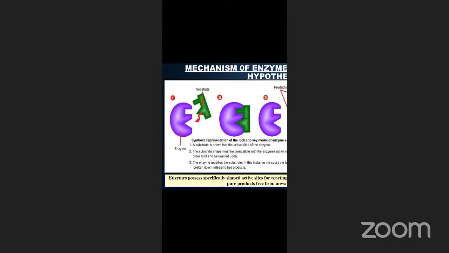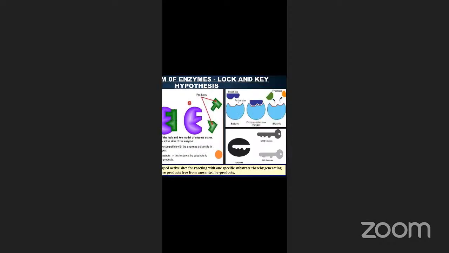So I will just read out. A substrate is drawn into the active site of an enzyme, and the substrate shape must be compatible with the enzyme's active site in order to fit and react. The enzyme modifies the substrate, and usually the substrate is broken down and the products are released.